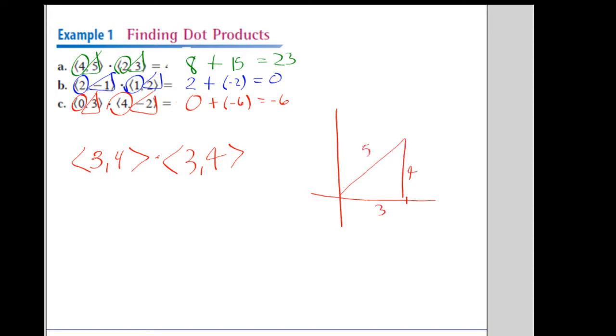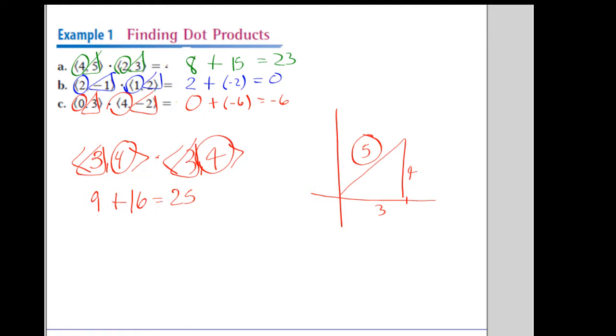And we can see that the magnitude of this vector is 5. Now if we dot these together, multiply the vertical components, 9, add that with the product of the horizontal components, and we get 25. So here, if we square the magnitude, we get our 25.